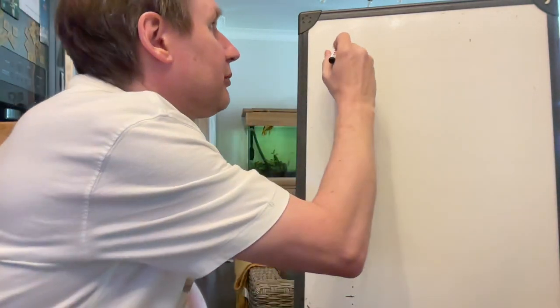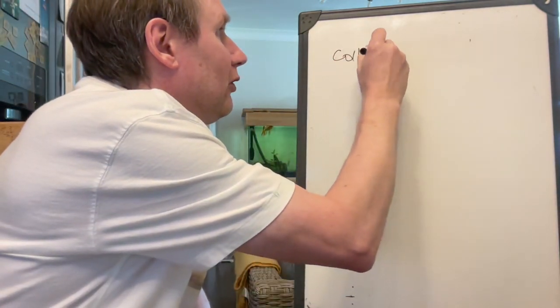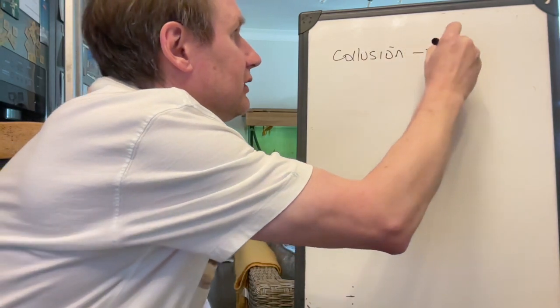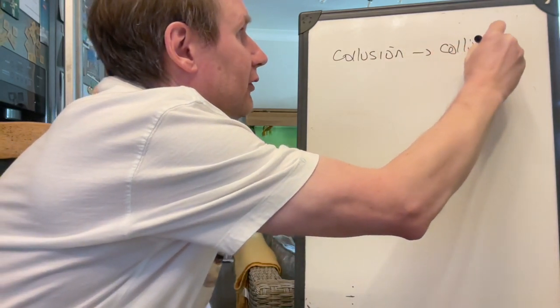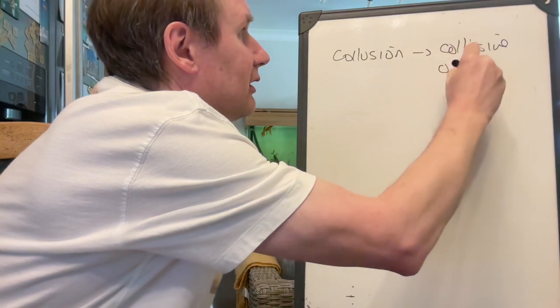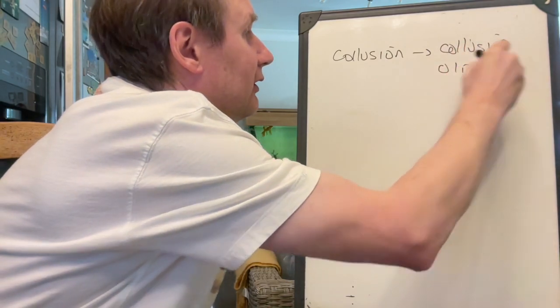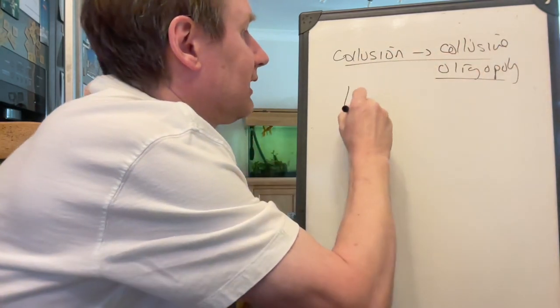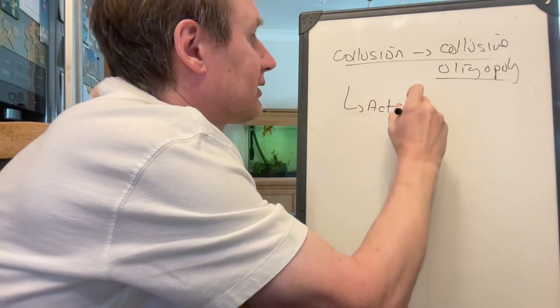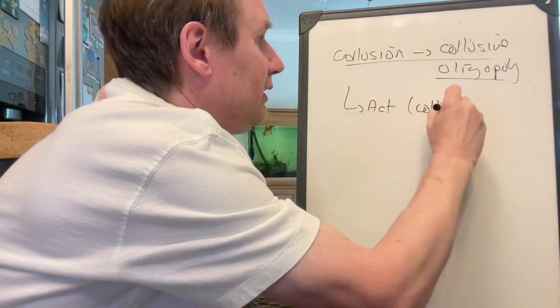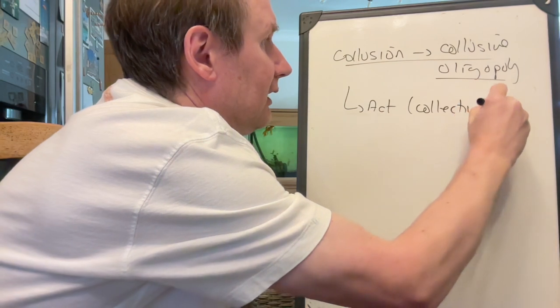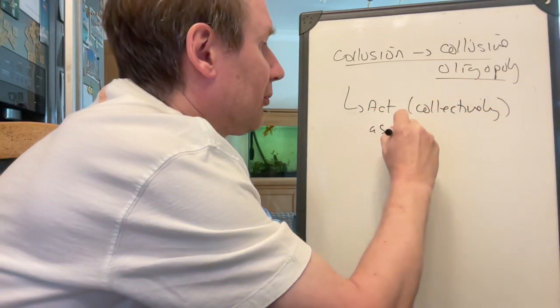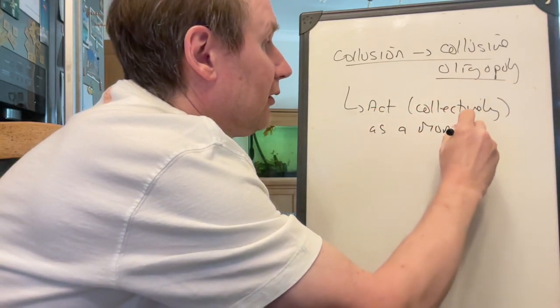But of course, in some markets, they ain't going to compete at all. So there is also the possibility of collusion, which gives us a collusive oligopoly, where essentially the firms decide that the route to highest profit is basically to act collectively. So between them, they're going to act as a monopoly.